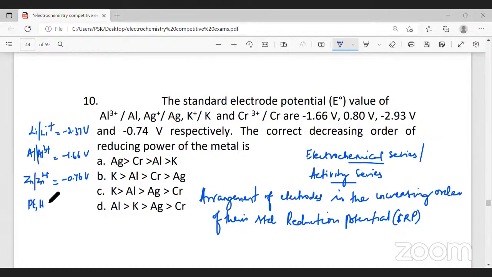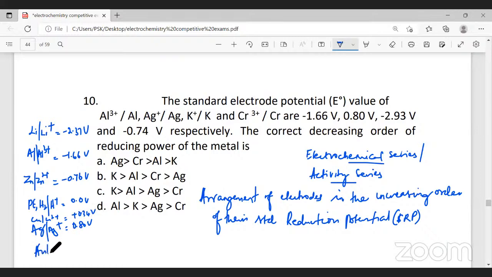Hydrogen electrode, I told you how we represent the hydrogen electrode, in detail. It is 0.0 volt. Hydrogen electrode potential, we assumed it to be 0. Now, silver electrode, Ag+, it is 0.80 volt. Before that, maybe I should write copper, Cu2+, it is plus 0.34 volt.